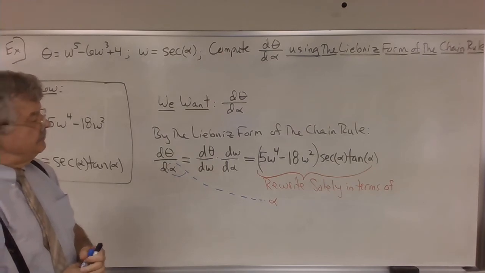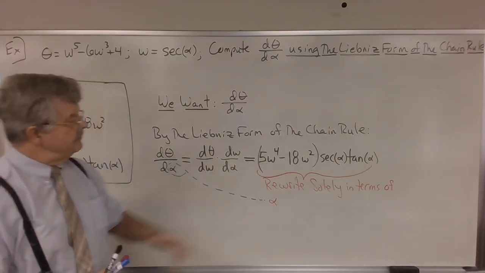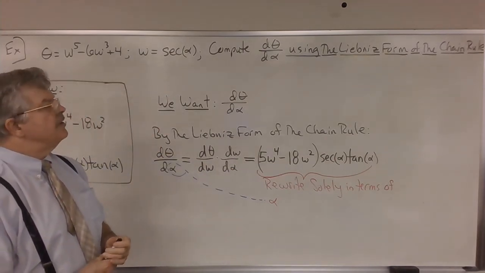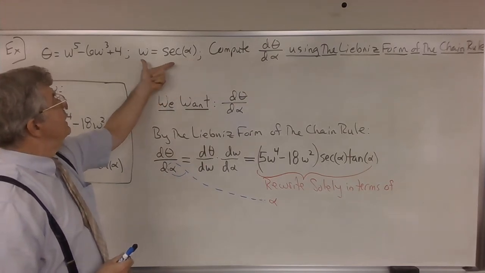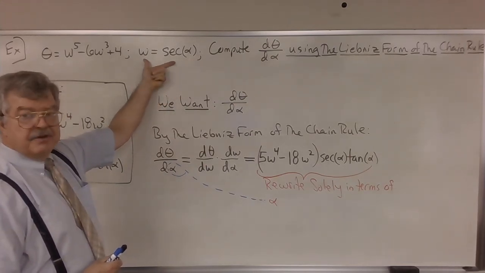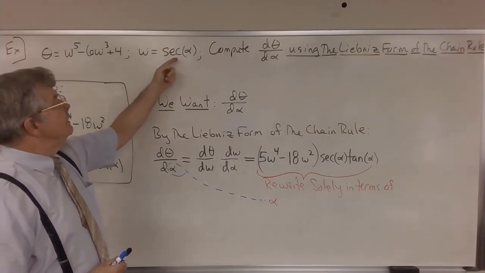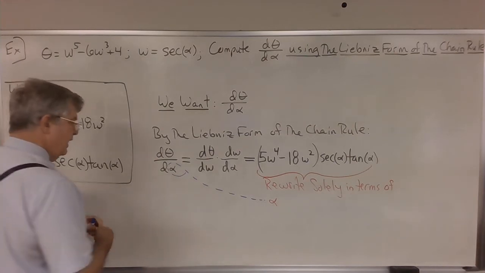Which means the w's got to go. We have to replace the w's with their equivalent in terms of alpha. And here's the relation that shows us how to do that. This tells us that w and secant of alpha are exactly one and the same thing.